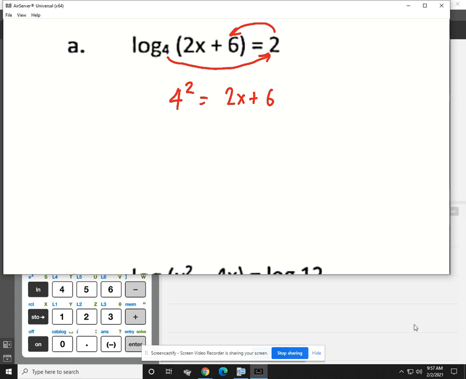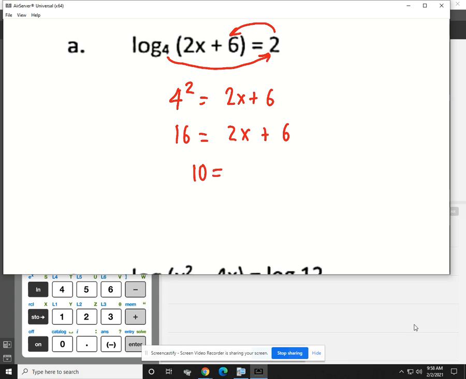And then, of course, you're just going to go through the process of solving now, and we're going to look at a couple different processes of solving today, but this one's real simple. What is 4 squared? So 16 equals 2x plus 6, right? So what's my first move? I want to subtract 6. What's 16 minus 6?